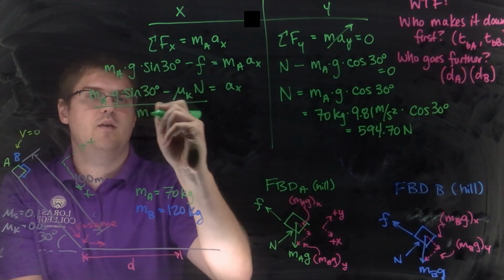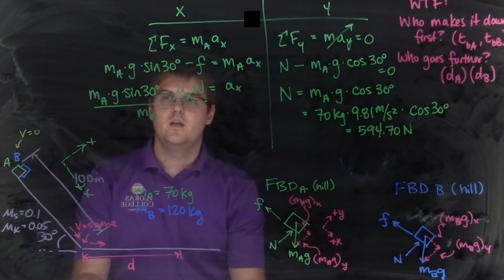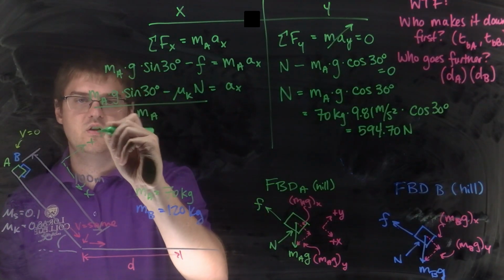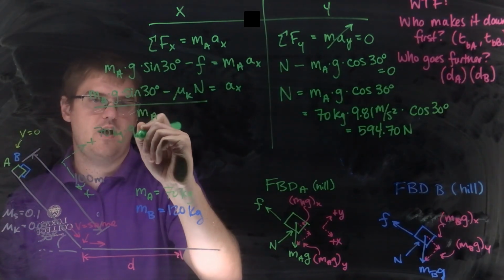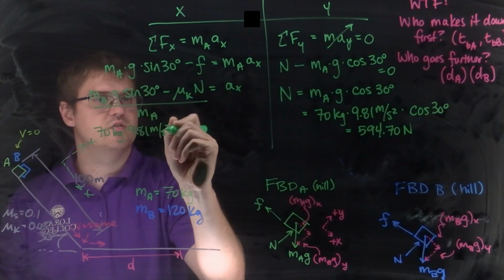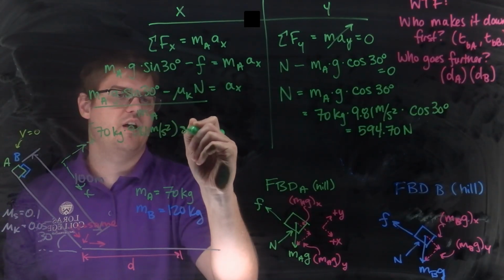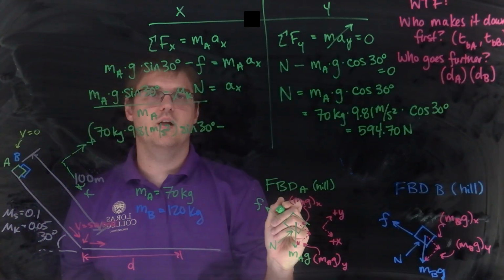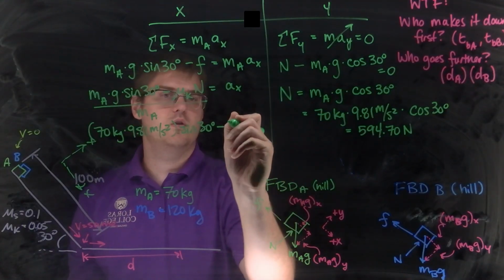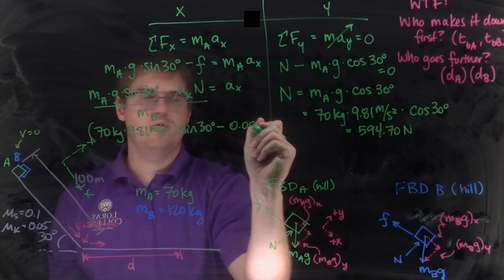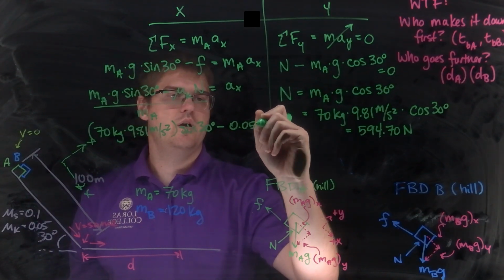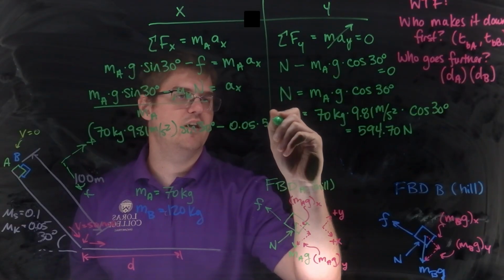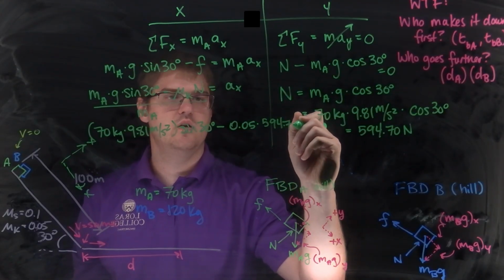So I divide by mass of A, which is 70 kilograms. 70 kilograms times 9.81 meters per second squared times the sine of 30 degrees minus, I'm going to go over the line here just because of space, mu k, which is 0.05. We've got low friction for the ice and snow that we're moving across, times 594.7.